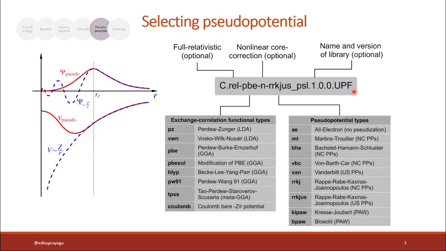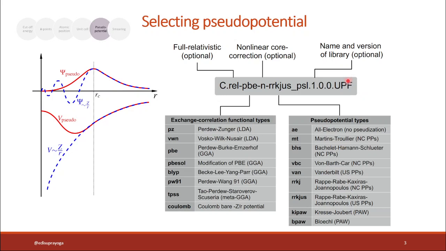There are several types of pseudopotential supported, including norm-conserving or NC and NCV, ultrasoft pseudopotential or USPP, and also PAW or projector augmented wave.